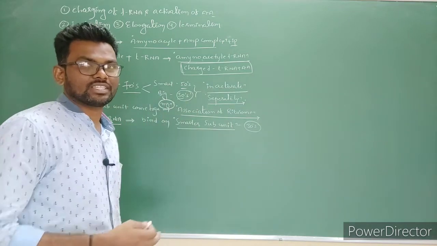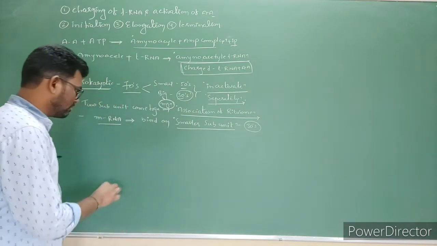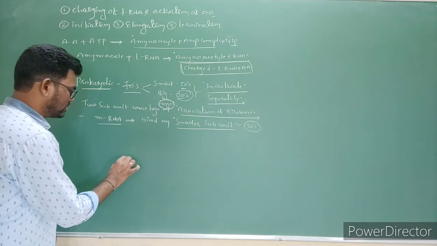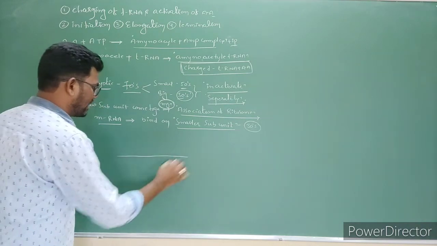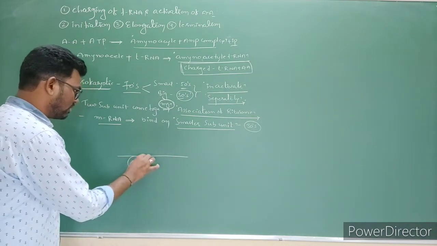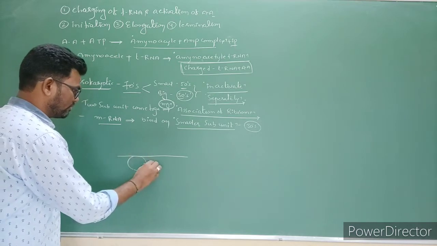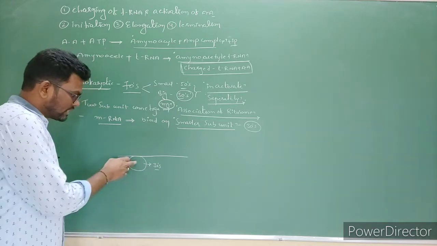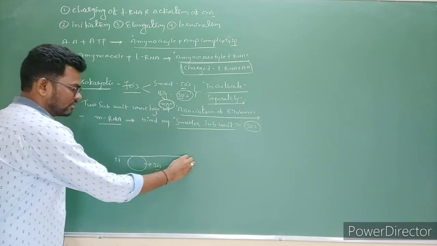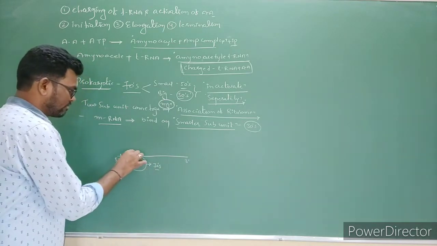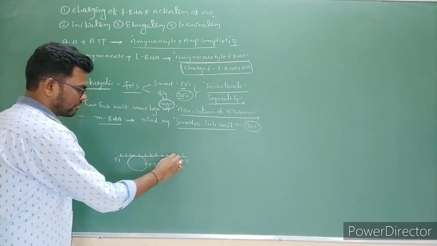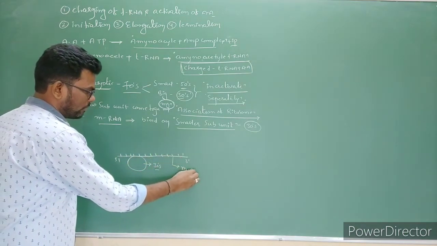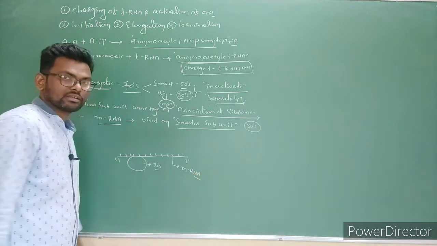Then initiation is started. Look at the diagram. Here, for example, this is one mRNA. This is the small subunit of the ribosome, we can call it the 30S ribosome, which is settled. This is 5 prime, this is 3 prime. These are the codons on the mRNA, right?